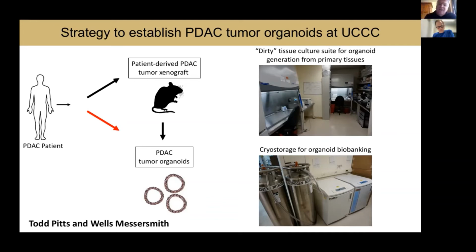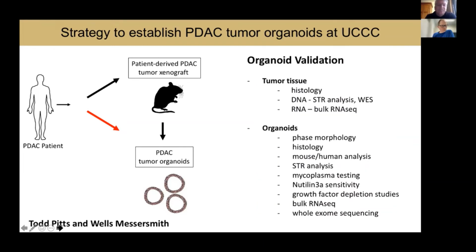And here we have just our organoid biobanking system. And again, this is an example where I think Steve's going to be able to help us greatly as we move forward with his much larger storage system.